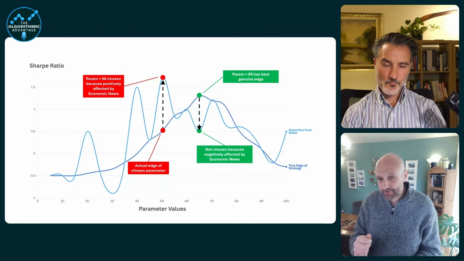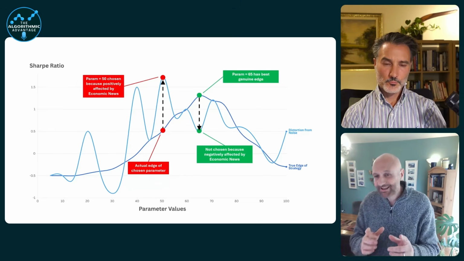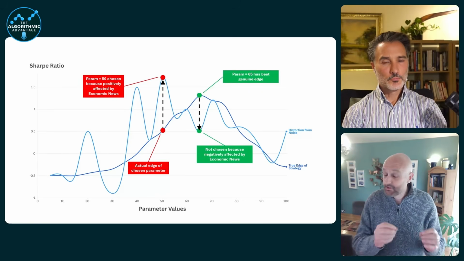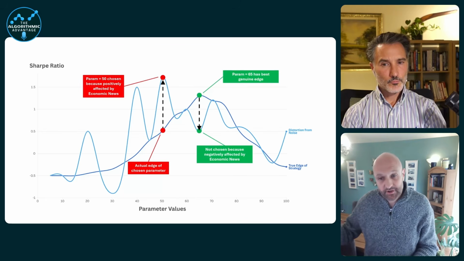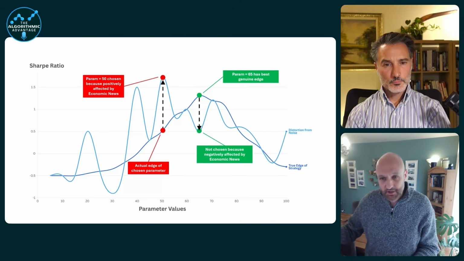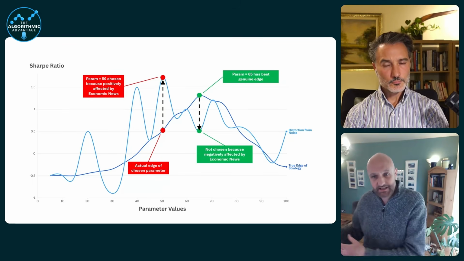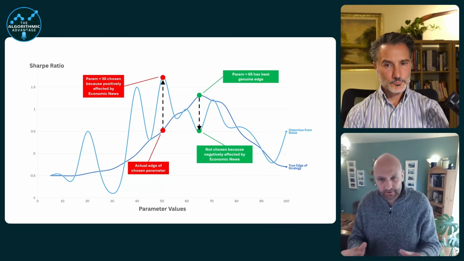However, it's different when you talk about the true edge of a strategy, because that is something that is repeatable. If you perform a backtest and you're able to identify parameters that have genuine edge, when you then trade those in the future in your live account, you can expect that edge to persist and to be able to make money in your live account, providing that market dynamics don't overly change.